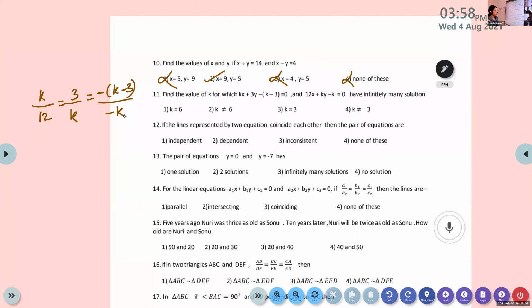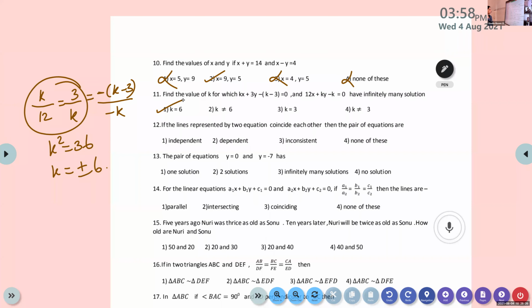So if you take the first two, you'll get k square is 36. So k is plus or minus 6. What is the option given here? K is 6.